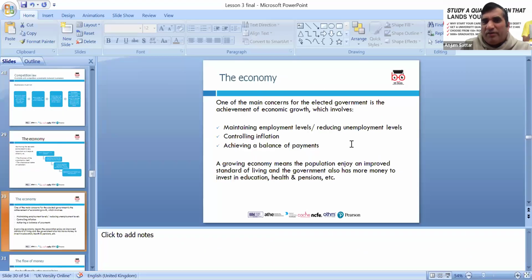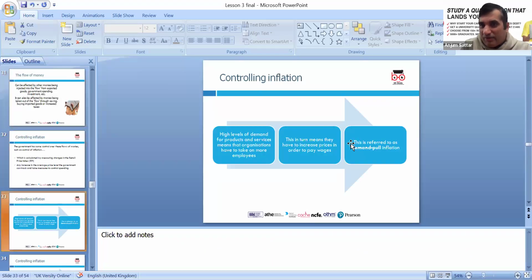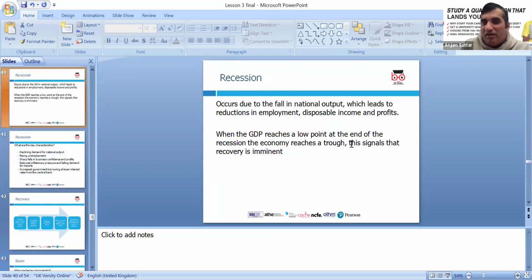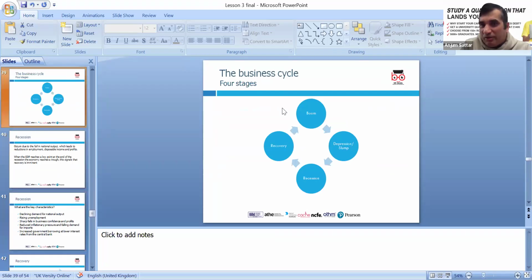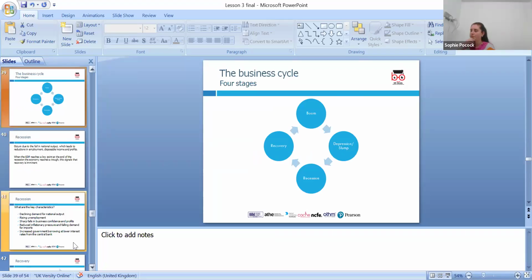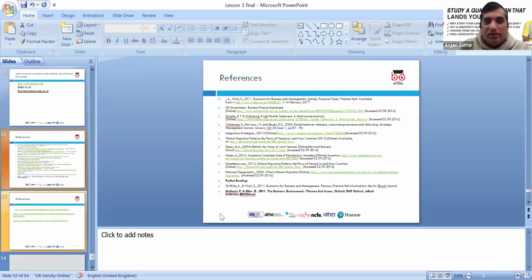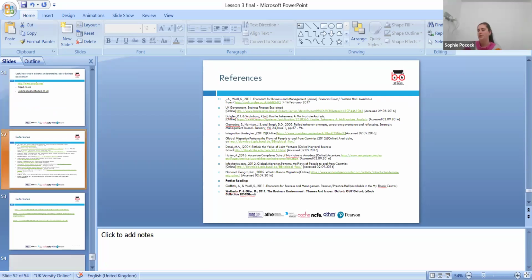Then we included plenty of examples in these slides, like inflation, controlling employment, business cycles, growth, maturity and decline, where we are at the moment as a business, internally and externally as well. That's what we have in these LOs, which we'll look at further. That's our LO3, learning outcome 3. Okay, perfect.